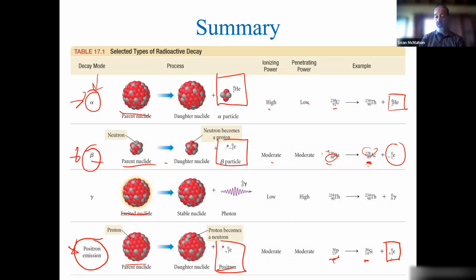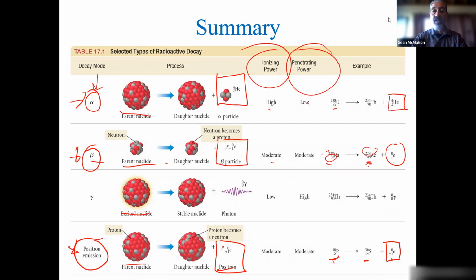Stable isotopes, when they're lighter elements, tend to have a 1-to-1 ratio between neutrons and protons. As the elements get heavier and heavier, that ratio is skewed, where you have about 1.5 neutrons to protons as a sweet spot. If you don't, they become unstable and you have these decays, whether alpha, beta, or positron, and we can balance these equations, and then we can also discuss based on their size, their ionizing power, and their penetrating power as well.